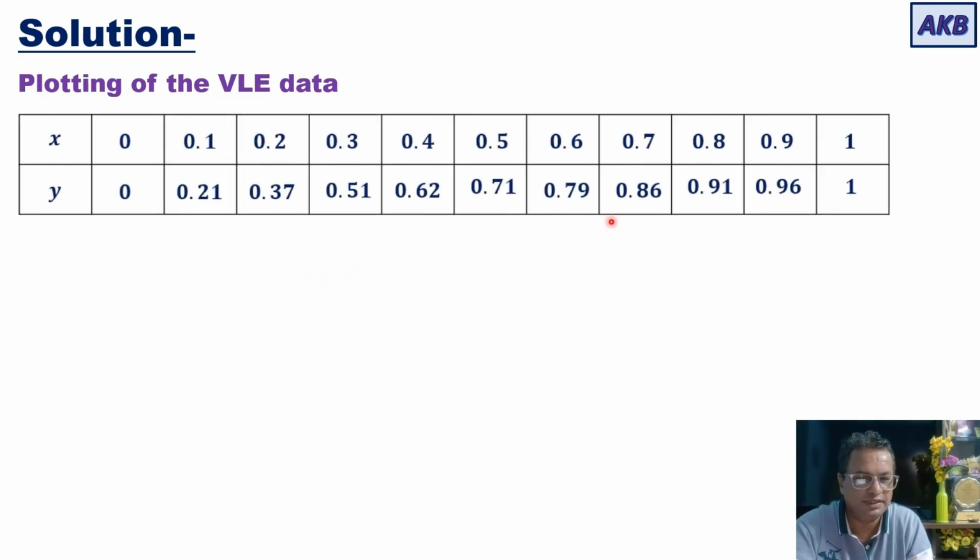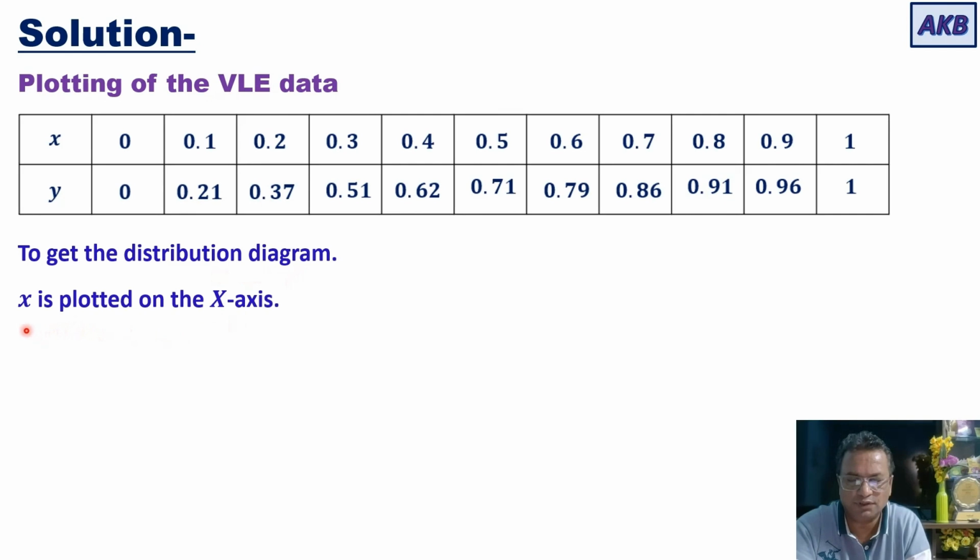This is the VLE data that is given to us. By plotting it, we are going to get the distribution diagram. For that, X will be plotted on the X-axis, that is, the mole fraction of A, the more volatile component, in the liquid phase, and the mole fraction of A in the vapor phase, that is Y, will be plotted on the Y-axis.